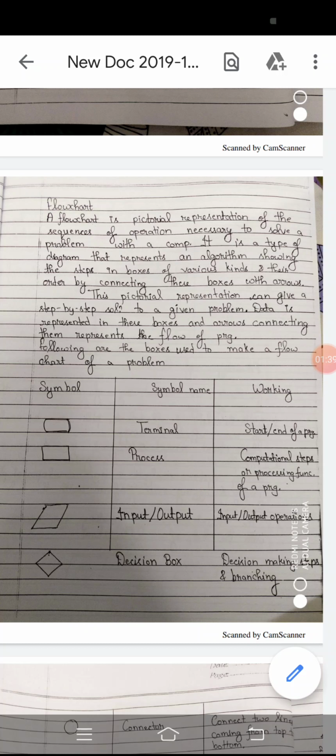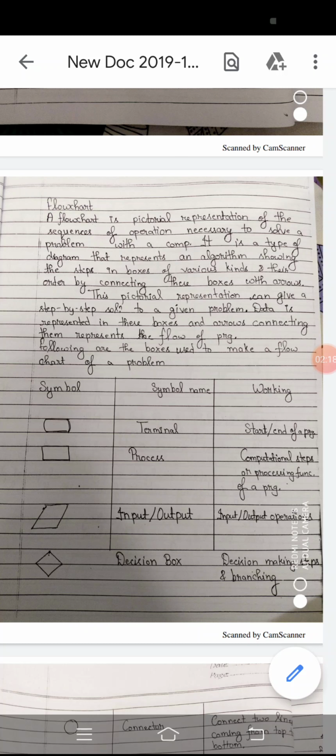So what is a flowchart? A flowchart is a pictorial representation of the sequence of operations necessary to solve a particular problem. If somebody is explaining things with the help of some pictures, some blocks, some flow of data, showing where the input is coming from and at what point the output is generated, it could be quite understandable.